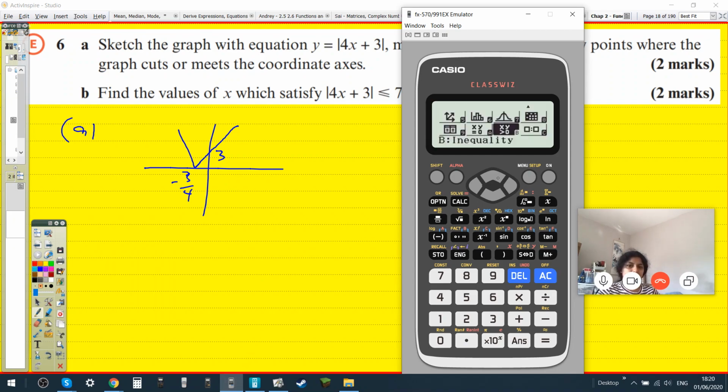So I use my simple calculator to cheat. I do shift, left bracket for absolute, 4x plus 3, and I want to solve that. Shift solve. Let's go with lucky 7.